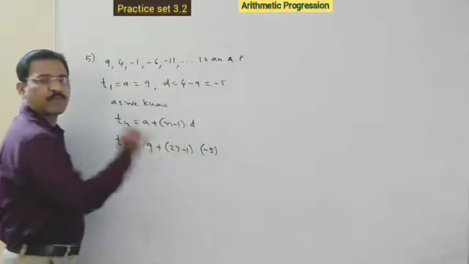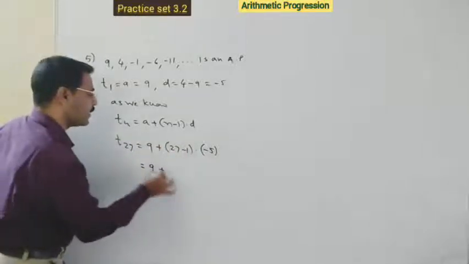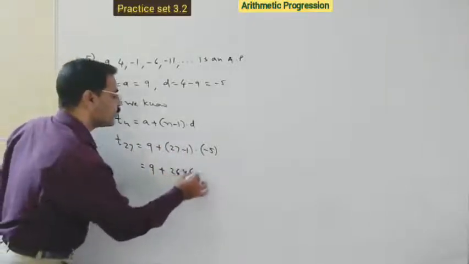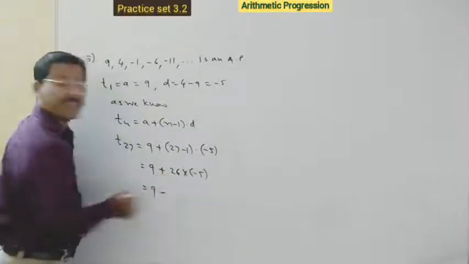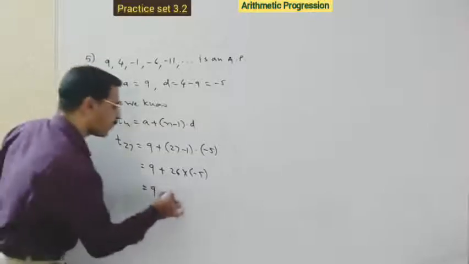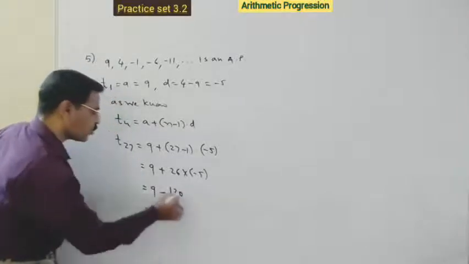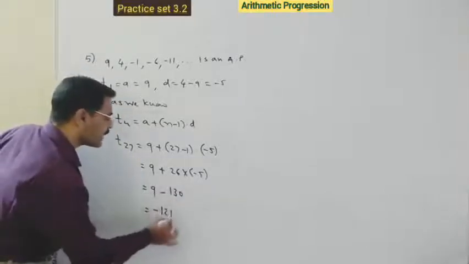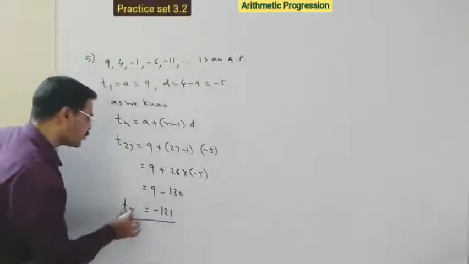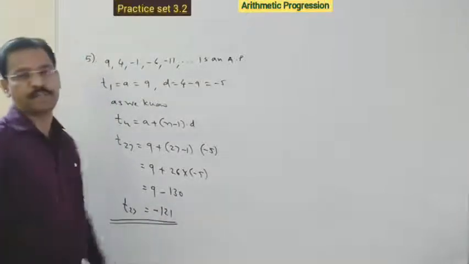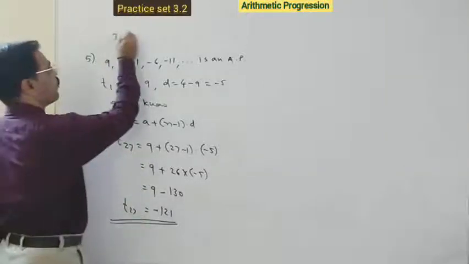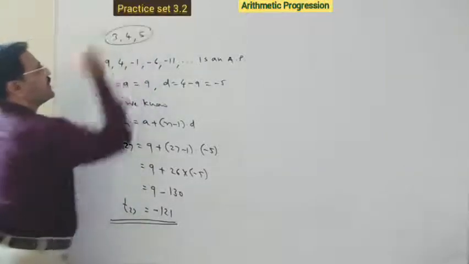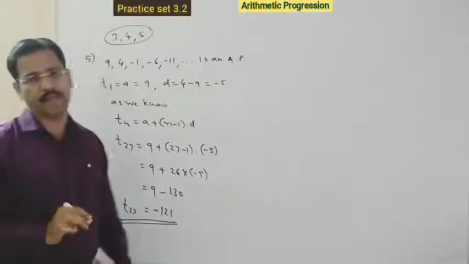Just give some concentration here. 9 plus how much? 26 into minus 5. 9 plus minus, minus. 26 fives are obviously 130. So here it is minus 121, which is the 27th term. Understand friends? Look, very simple. That means third, fourth, fifth, these three sums are very simple.